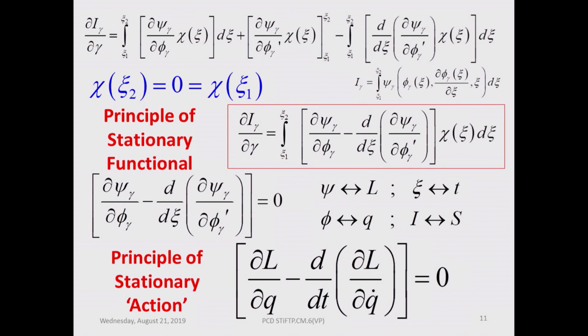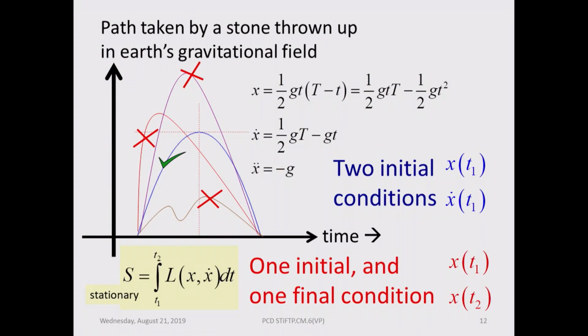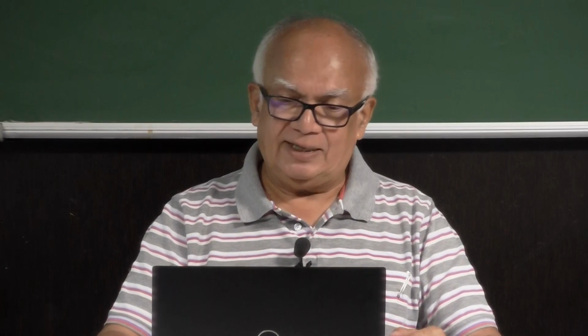It is valid for other situations in physics and mathematics, and it is based on one initial condition and one final condition rather than two initial conditions, but it contains the same physics.